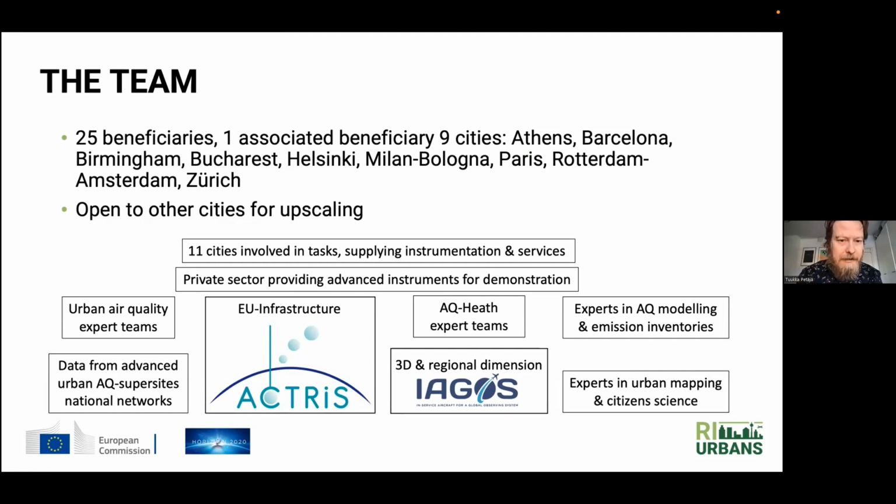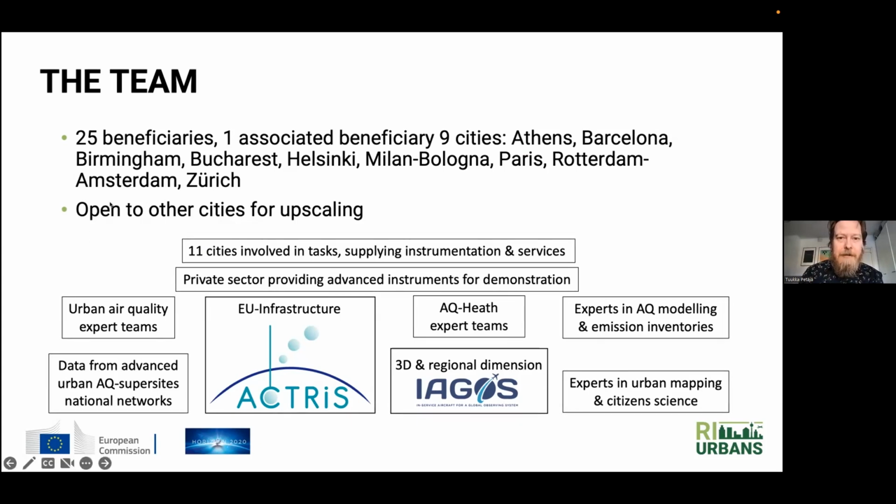But the challenge within ACTRIS is that many of the observation sites are outside of the city environments. To move forward into the air quality that is relevant for a big part of the population living in the cities, we collaborate with air quality monitoring networks, and also hopefully bring some of the infrastructure expertise that we have, and combine that with their expertise on their measurements and understanding of city level air quality parameters.